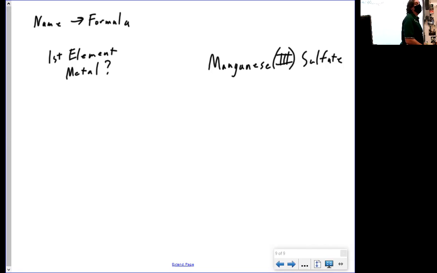Most things on the periodic table are metals. Manganese, if you find it on the periodic table, is number 25. Number 25 is on the left. It's a metal. Now, what that means is, if the answer to this question is yes, then that means my charges matter.